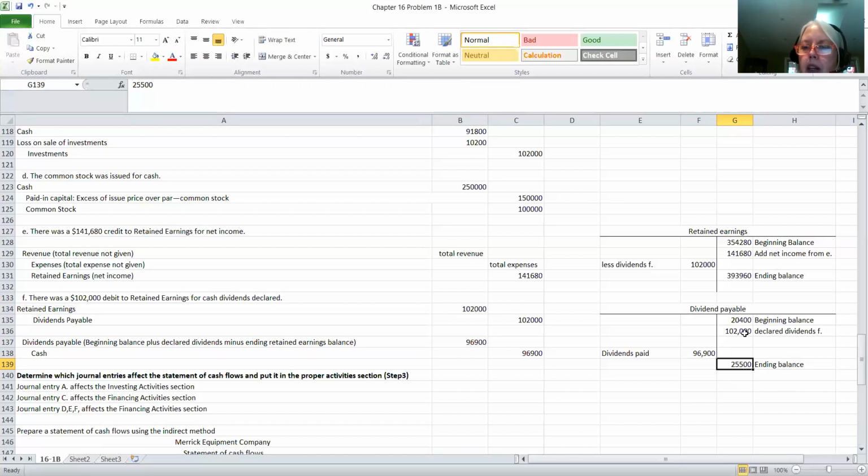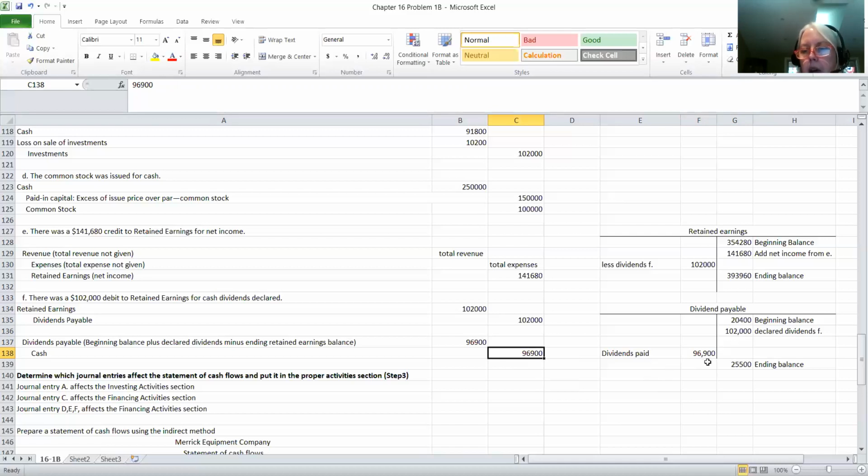So if you add these two together, it doesn't equal this ending balance. So add these two together, subtract the ending balance, and that will tell you how much dividends you paid during this period of time. We would have to reduce the dividends payable account and reduce our cash by the amount of the dividends paid.